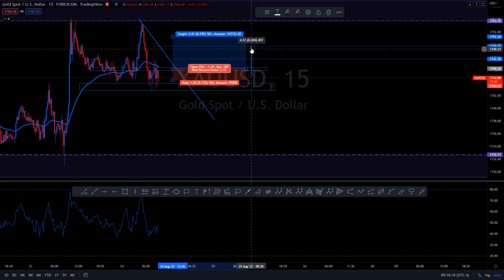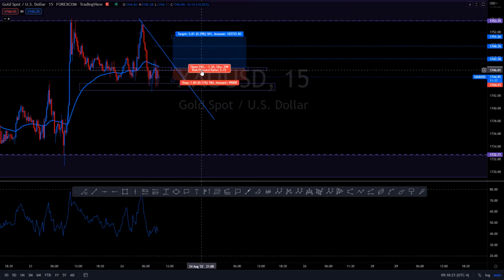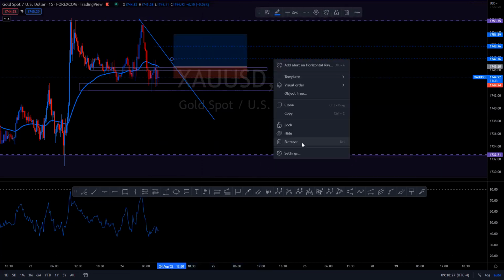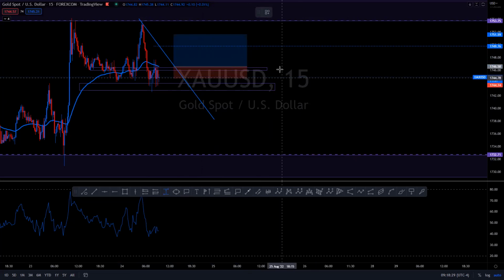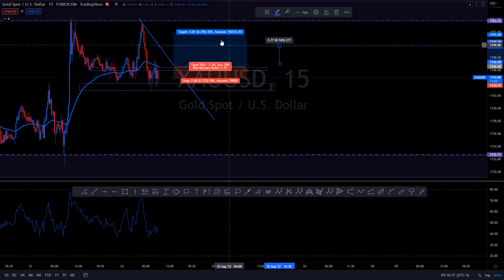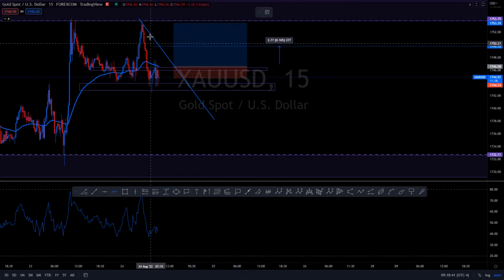So let me adjust this here. Push it up to here, and ultimately, so this will be TP1. And we'll grab this liquidity up here. That'd be the second one.